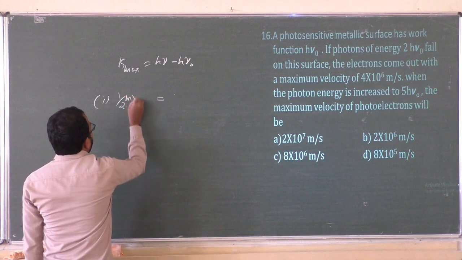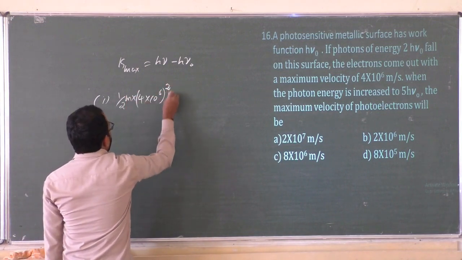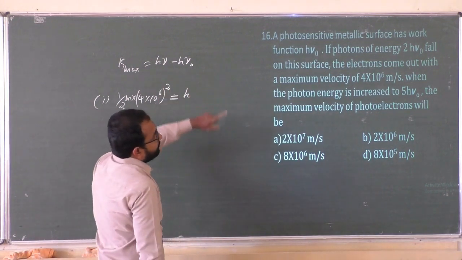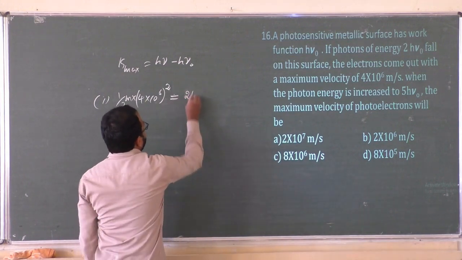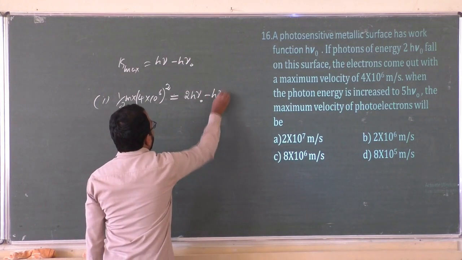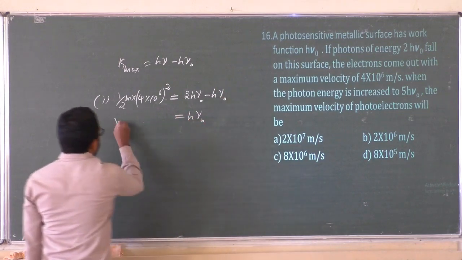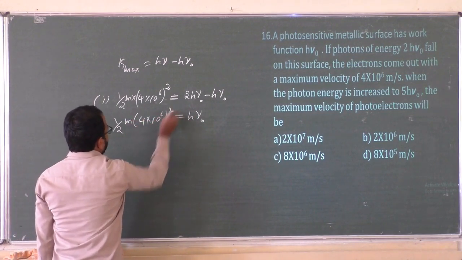So half m into (4 × 10⁶) whole square is equal to 2 h nu naught minus h nu naught, which is equal to h nu naught, right?